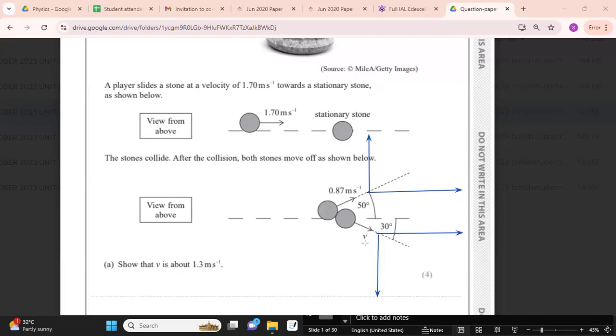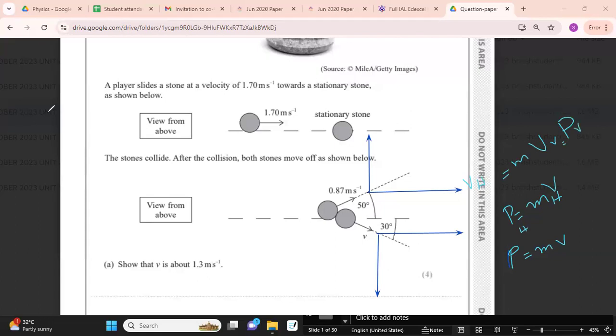Now, the formula of momentum is equal to mass times velocity. So if I take the mass and multiply it by the horizontal component, I am calculating horizontal momentum. If I take the mass and multiply it by the vertical component of velocity, I am calculating the vertical momentum.